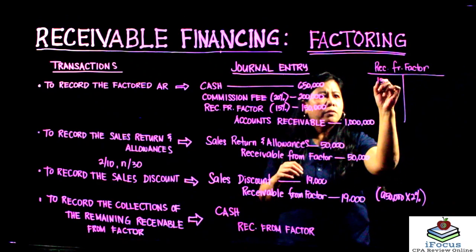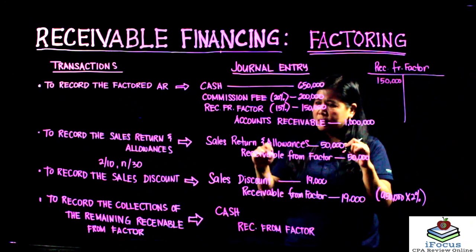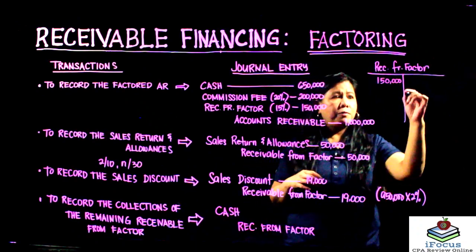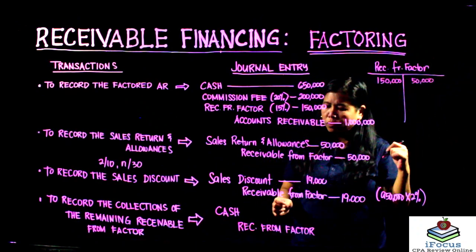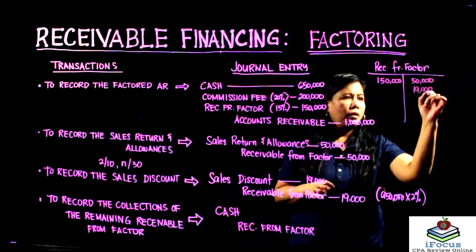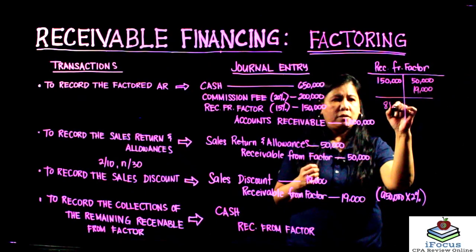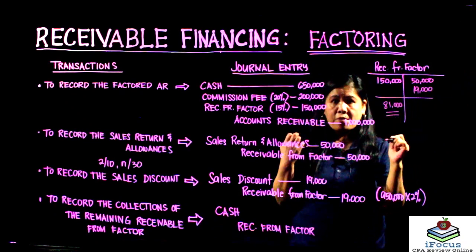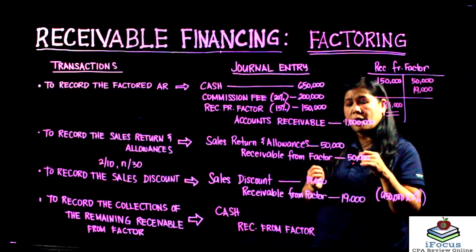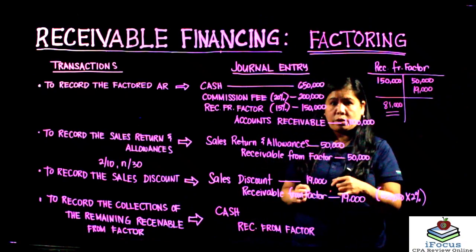Then, we credit from the sales return transaction the receivable from factor na 50,000. Tapos, nag-credit ulit tayo ng sales discount na 19,000. So, ang ibig sabihin, meron pa tayong naiiwan sa debit side na 81,000. So, yan ang matatanggap natin sa factor. We will collect this cash of 81,000 from the factor. Then, we will credit receivable from factor.